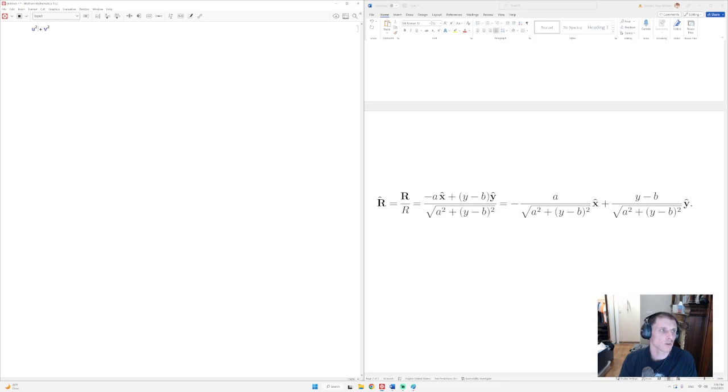So let's take the square root of u squared plus v squared, and I hit shift enter, and that gives me what I expect. Now, to make things a little easier on myself, I'm going to have Mathematica substitute in the x component as u and the y component as v.